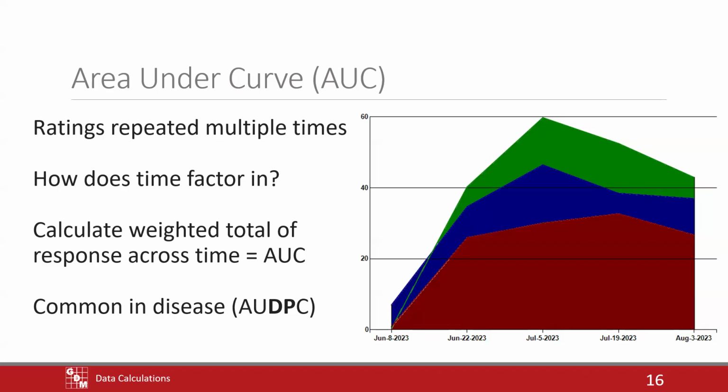So the idea with this calculation is let's create a weighted total of the response that we saw for each treatment across that time frame. And that would be something useful to compare to each other. That would be useful comparison so I can see overall how well did this treatment do compared to this other treatment across the range of time.